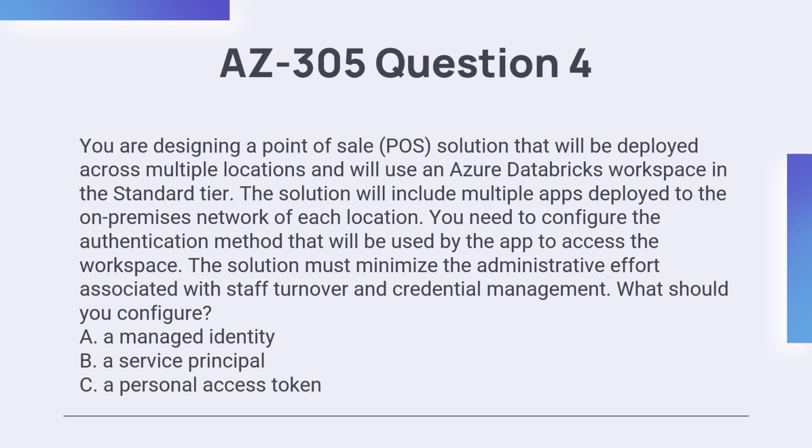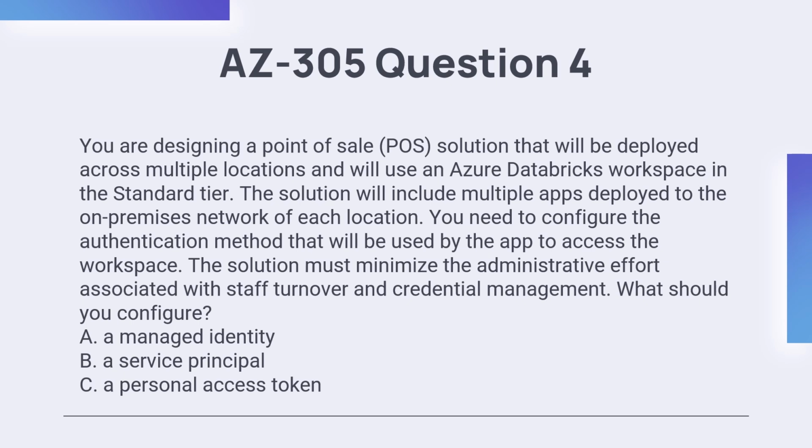You are designing a point-of-sale (POS) solution that will be deployed across multiple locations and will use an Azure Databricks workspace in the standard tier. The solution will include multiple apps deployed to the on-premises network of each location. You need to configure the authentication method that will be used by the app to access the workspace.